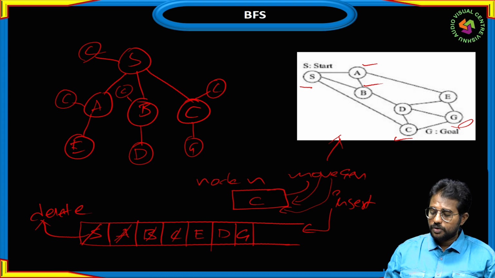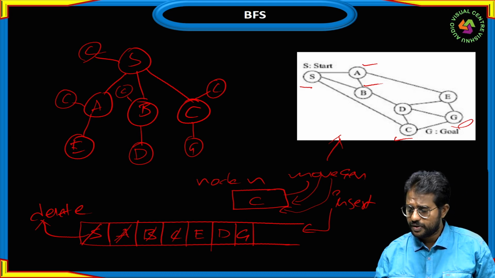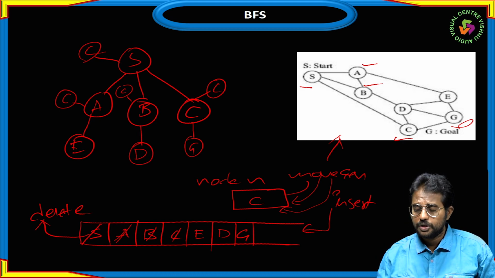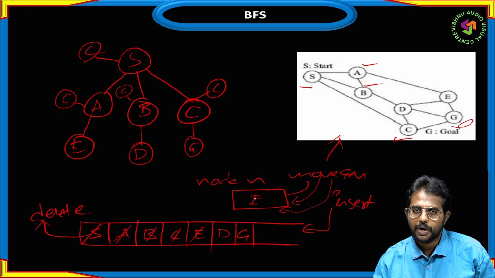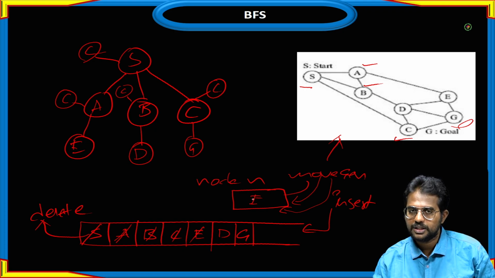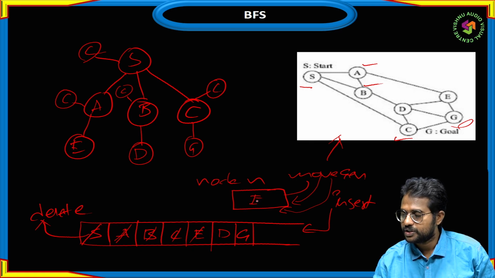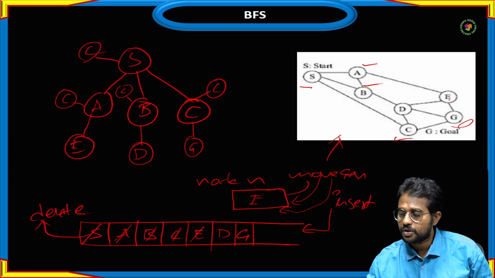Now again I am going to check the while conditions. Goal is not reached, and Q is not empty. So this process will be continued. Now E will be deleted and stored in node N. The goal test condition is applied on E, and E is not a goal node, so it will be false and I have to apply the Movegen function on E. After applying it, A, D, and G will be the output.